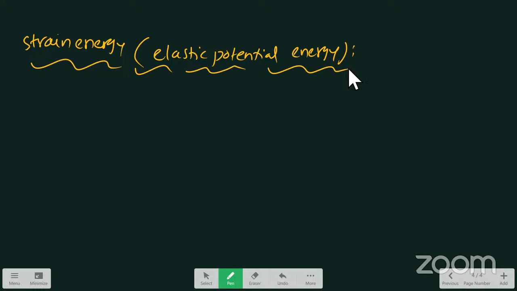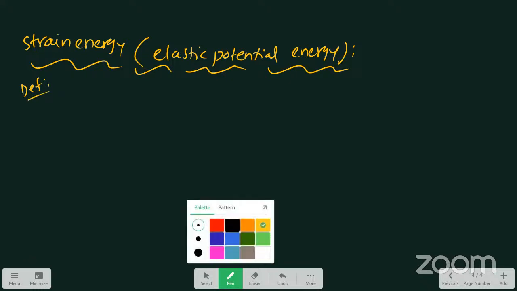What is the meaning of the strain energy definition? See, for example, you take one rubber material. When we are pulling that rubber, or elastic body, it stretches. That is called strain energy: energy stored in a body due to its deformation.